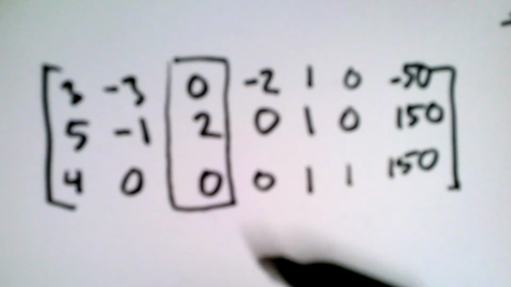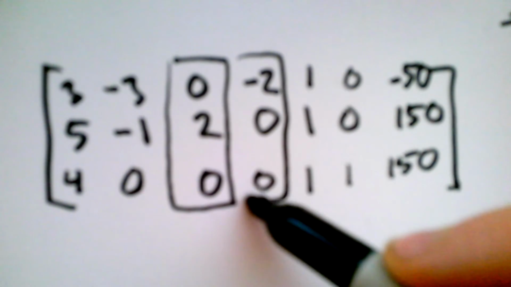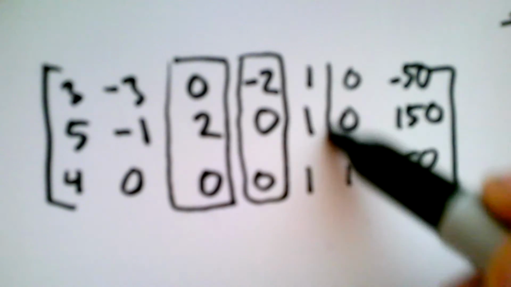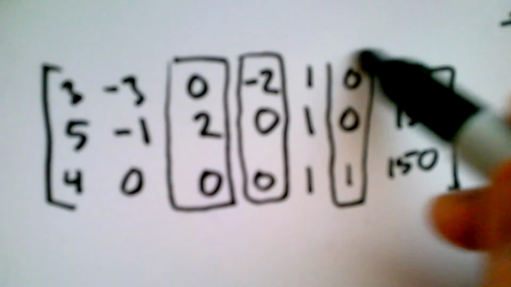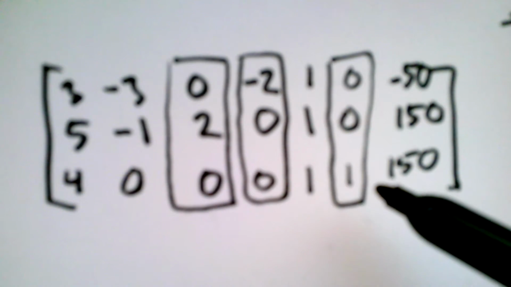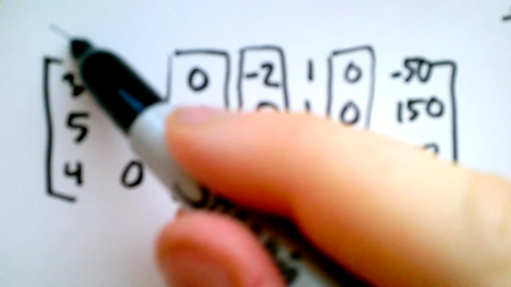This has a 2 and 2 zeros. This has a -2 and 2 zeros. And this has a 1 and 2 zeros. And I look around, those are the only ones that have exactly one non-zero entry. The other ones do not, so I'm going to put a cross above these.